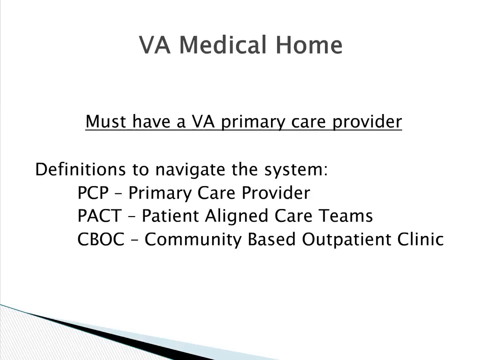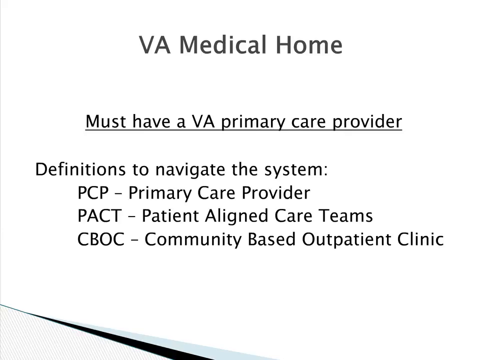But it's very important that you have a primary care doctor assigned to you. Now, it's going to be a little bit different at every VA. There's certain federal guidelines. Every place works a little bit different with respect to services and their stance on different regulations, but by and large, you need the primary care provider. So I put in some acronyms here that you're going to need: PCP, primary care provider. PACT, patient-aligned care teams.